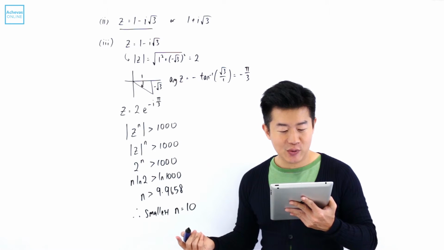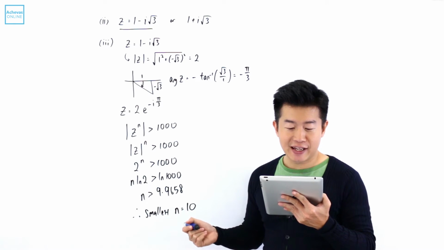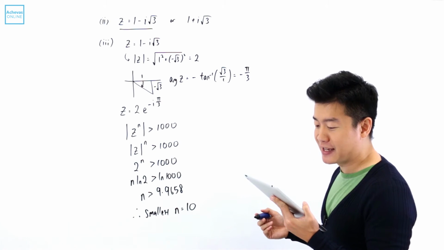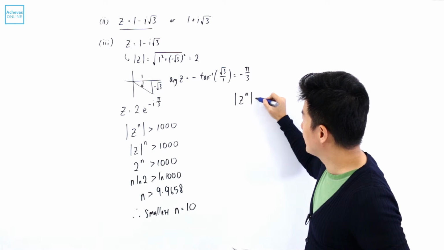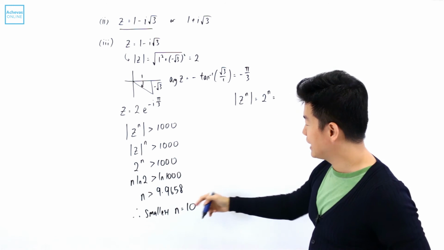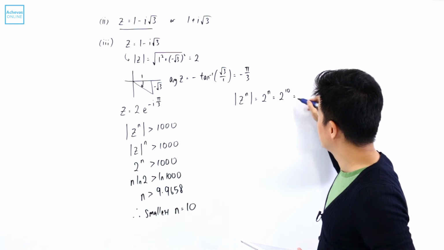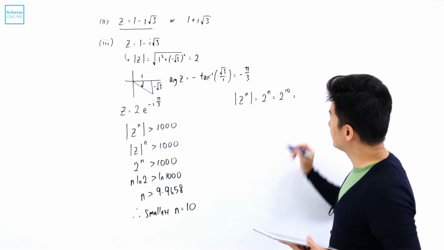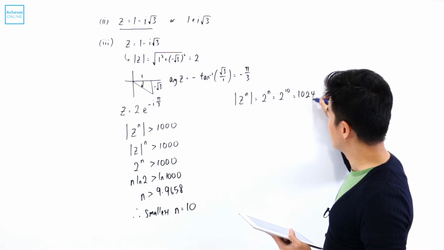And the next part of this question is, with this n that we have found, n is equal to 10, I want to state the modulus and argument of z to the power of n. So modulus of z to the power of n is going to be 2 to the power of n, which when n is equal to 10, is 2 to the power of 10. And 2 to the power of 10 is equal to 1024.